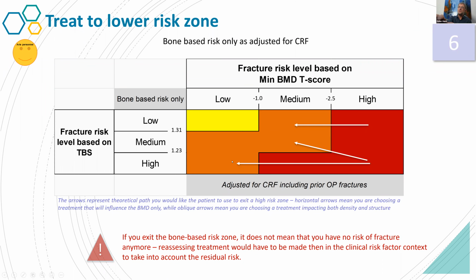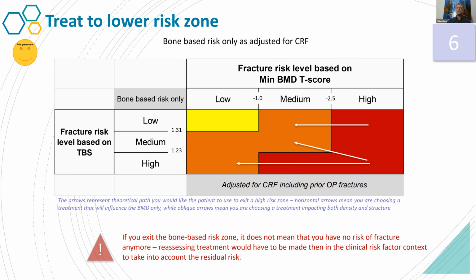So you will reduce the risk, and every time you change the risk zone, you have to reassess. Obviously, if you're here, the fastest will be to go that way. That means either with anabolic drug or denosumab, just to speed up the exit of the very high risk zone. So when you get off the high risk zone, it doesn't mean you stop the treatment.